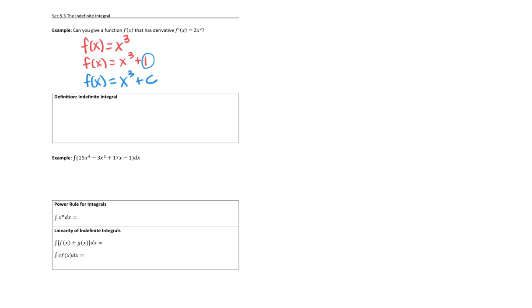So here it says the indefinite integral. So what we want to say here is the notation, the integral of f of x dx is equal to capital F of x plus c for some capital F of x such that capital F of x prime is equal to little f of x.